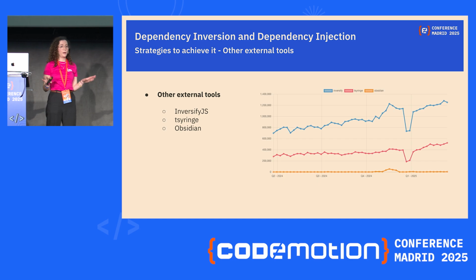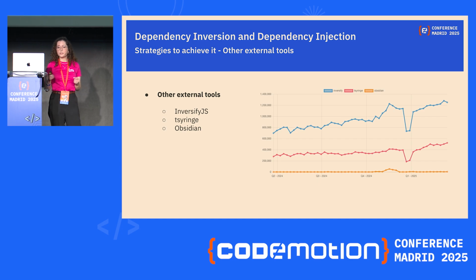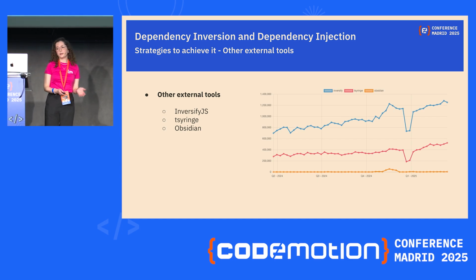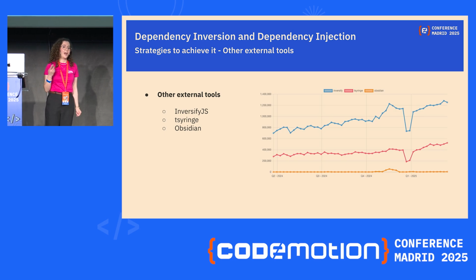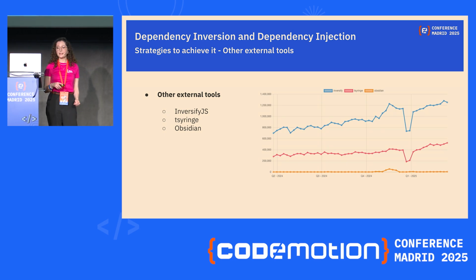You don't have to reinvent the wheel like we did. Why did we do this? So that we could give this talk. But you can use other external tools. I'm sure you are familiar with InversifyJS, or maybe not, but it's very popular. Please ignore the market crash from 2008. I don't know what happened during that month, but they are still very popular, like Inversify and tsyringe.